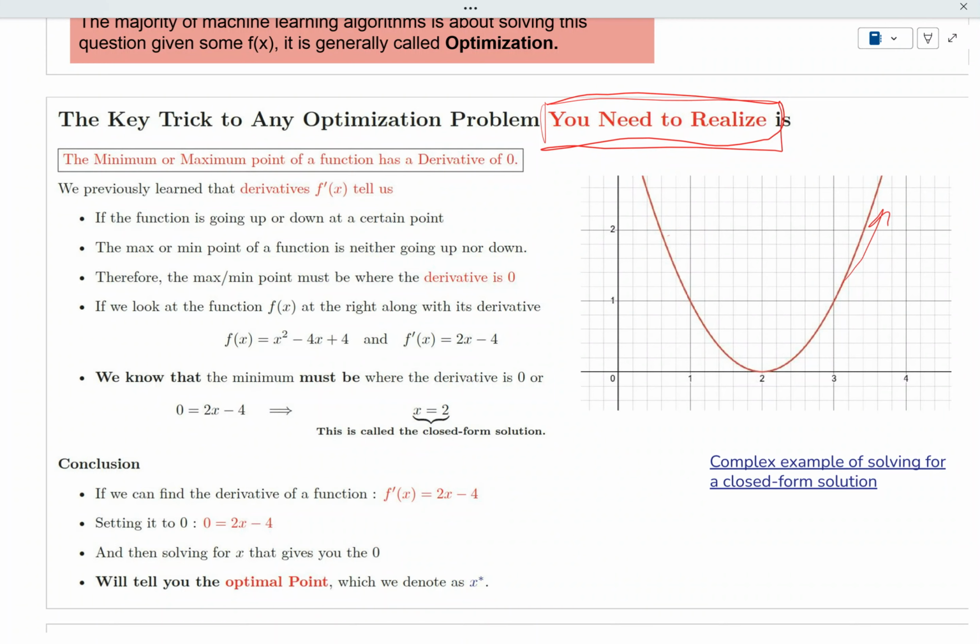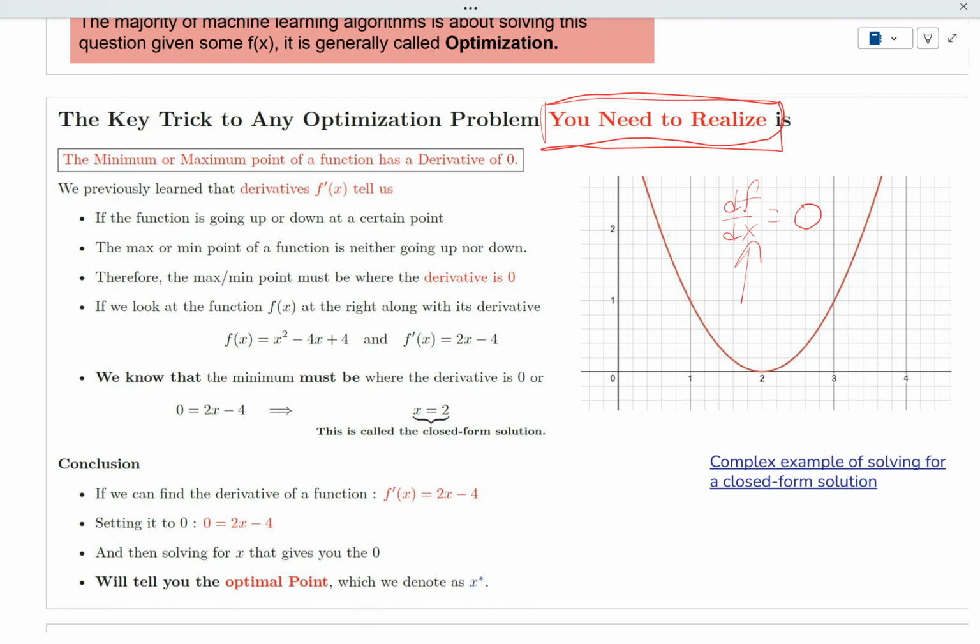So the only point where the slope is neither positive nor negative is what we call the optimum point right here. And if you know how to take the derivative, where the derivative is basically the slope, the derivative at the optimum is zero. So why don't you just find the x such that the derivative is equal to zero?